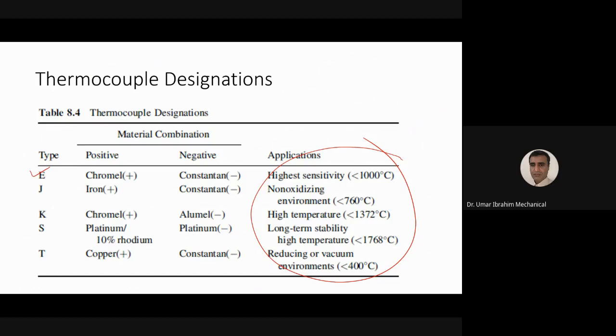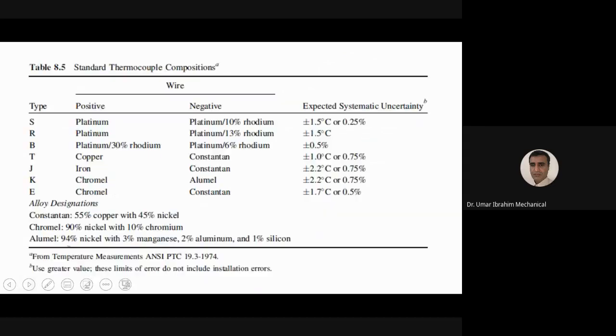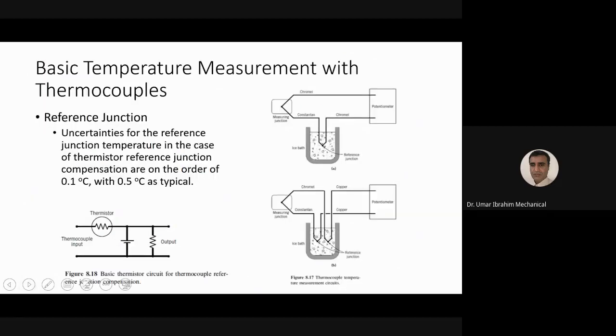The second reason is that there is another method of using a thermocouple, and that method utilizes a cold junction technique, or reference junction technique. So if this is the T measurement junction and this is the T reference junction, what I do is put the T reference junction in an ice bath.